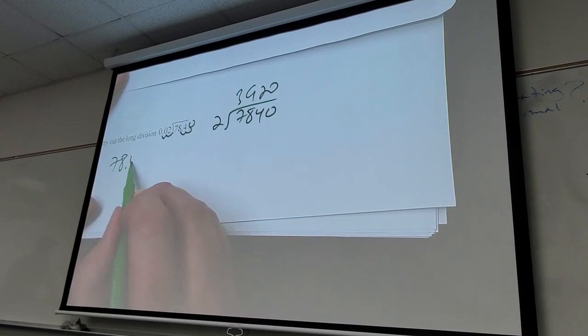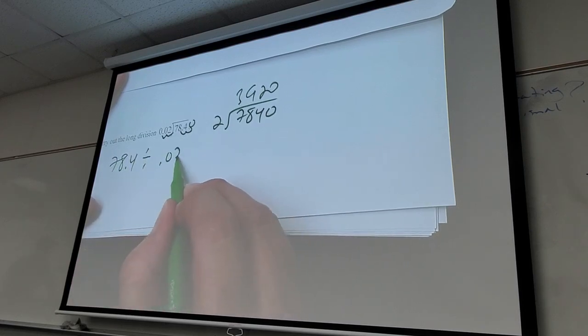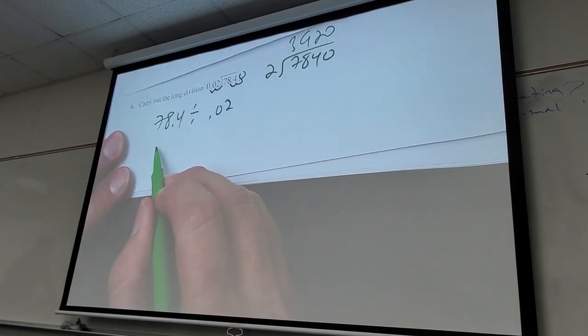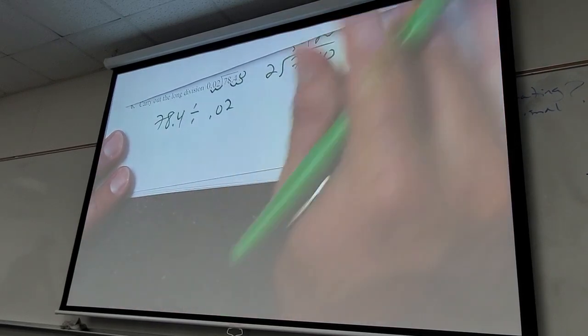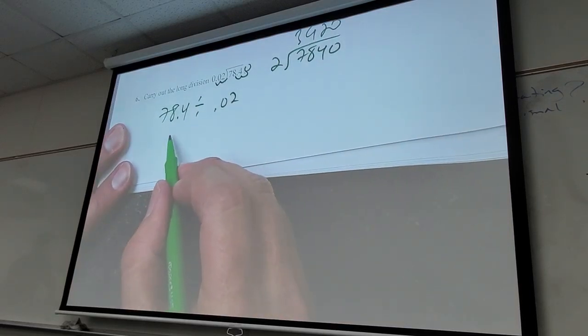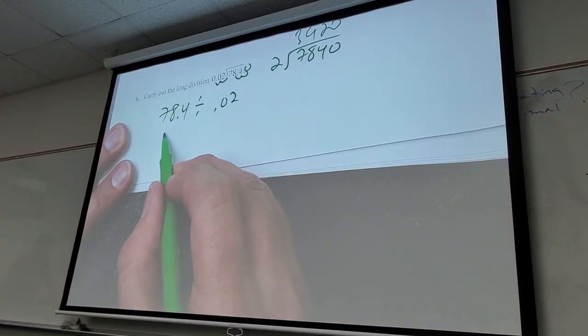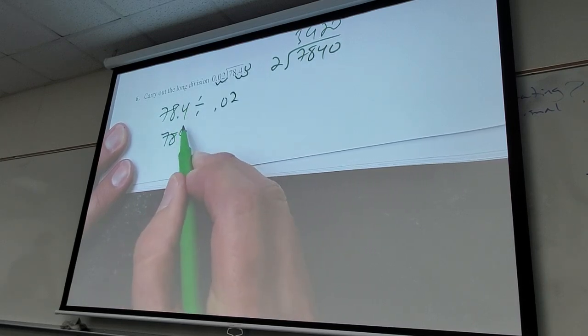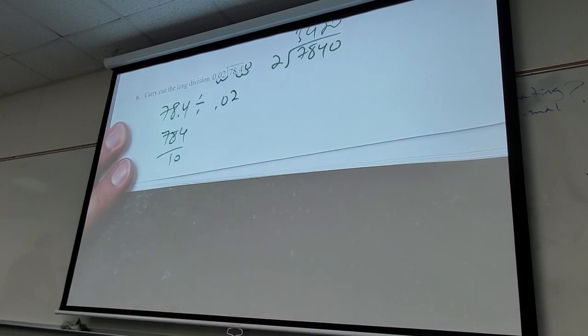Now real quick, what would this look like as pure fractions? I got 78.4 divided by 0.02. What is 78.4 as a fraction? Improper. What place is it in? The last digit's in the tenths place, so 784 tenths.